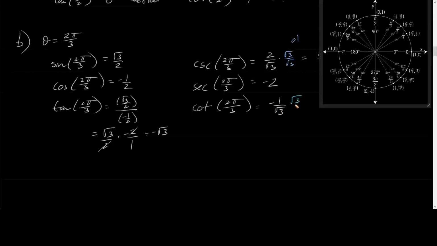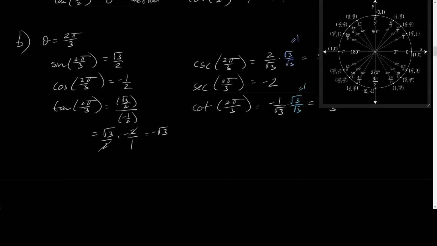So I'm going to multiply by radical 3 over radical 3, which again just equals 1. So we're not changing anything because multiplying by 1 changes nothing. So what we're going to get here is negative radical 3 over 3. All right. So those are all of our 6 trig function values at that angle of 2 pi over 3.